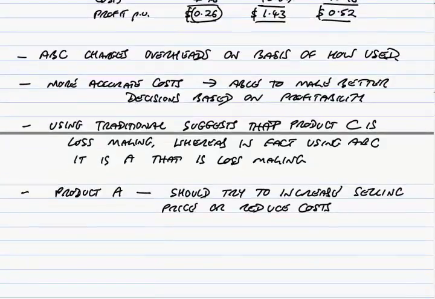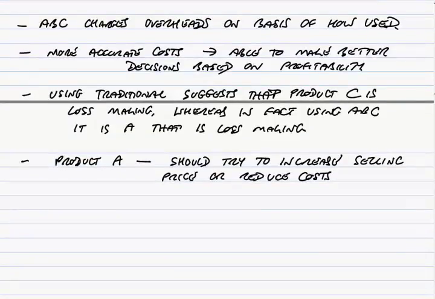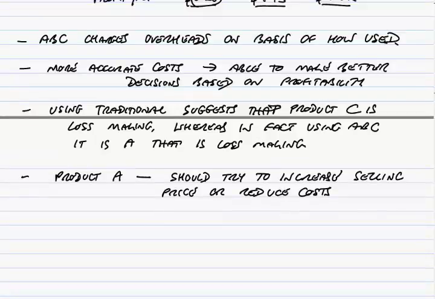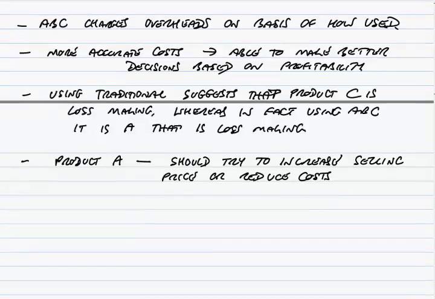Finally, though, do make some suggestions to why this is happening. Why is product A becoming loss-making when we did activity-based? The reason is, or the reasons, look at the table again, where it says number of production runs, number of deliveries. On both of those, A is having a lot more production runs and deliveries. And that's what's causing the problem.